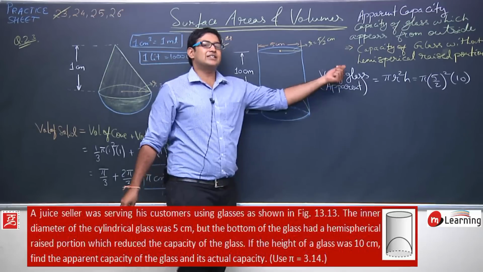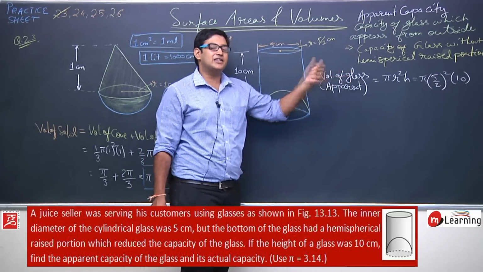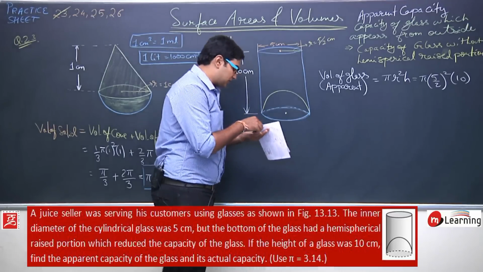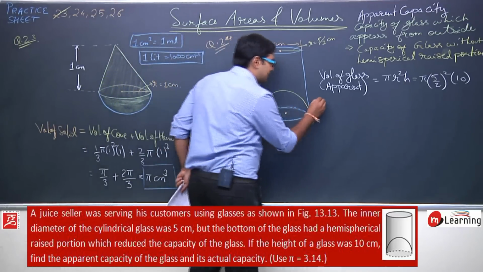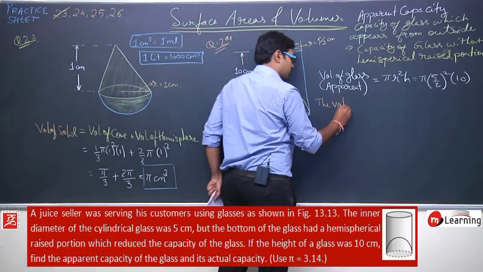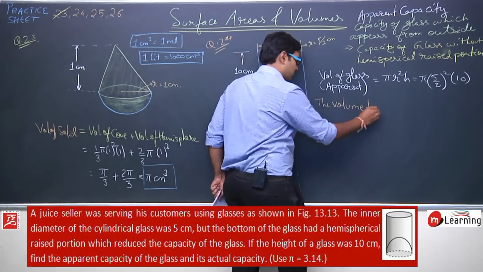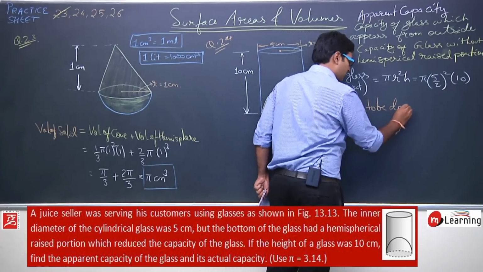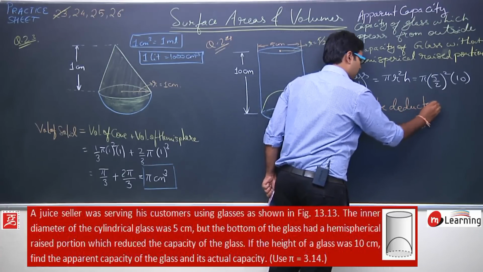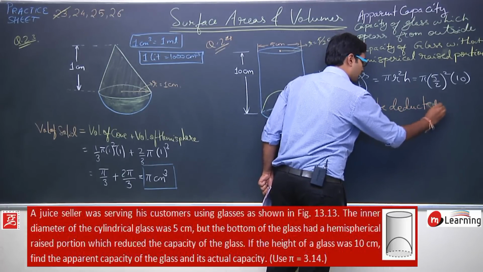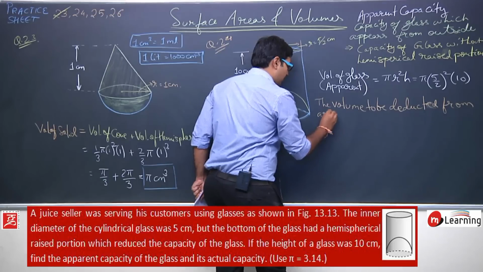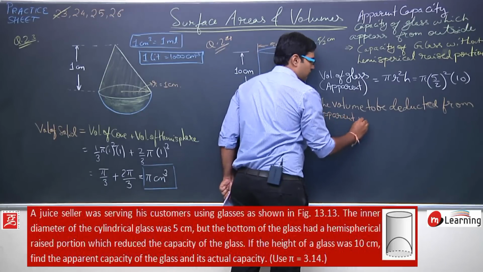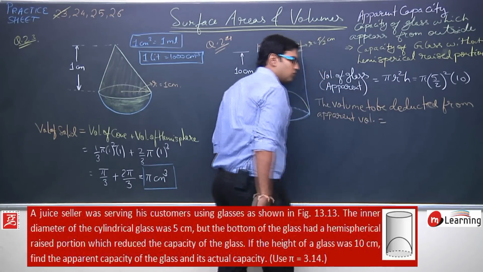Now since this is the apparent capacity, we have calculated the apparent capacity. Now how much volume should we deduct from this? The volume to be deducted from the apparent volume is equal to what?